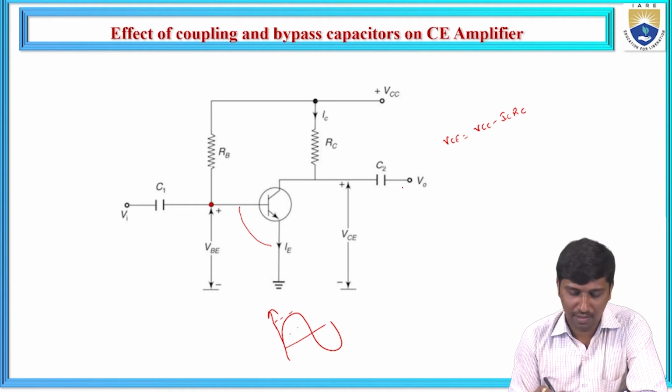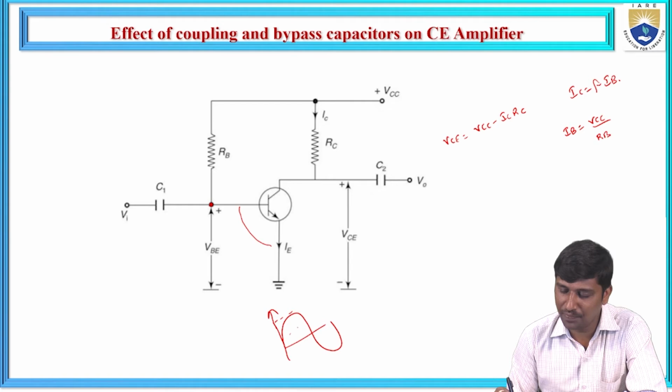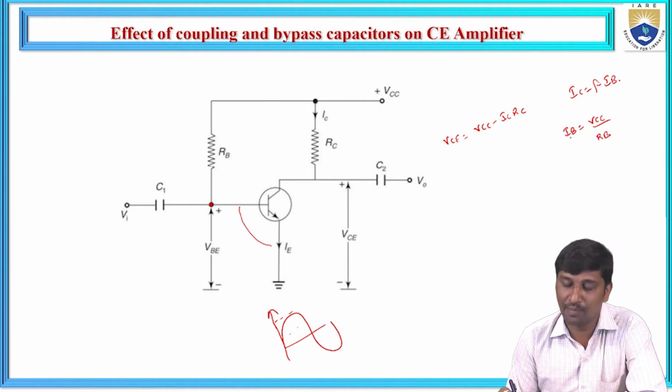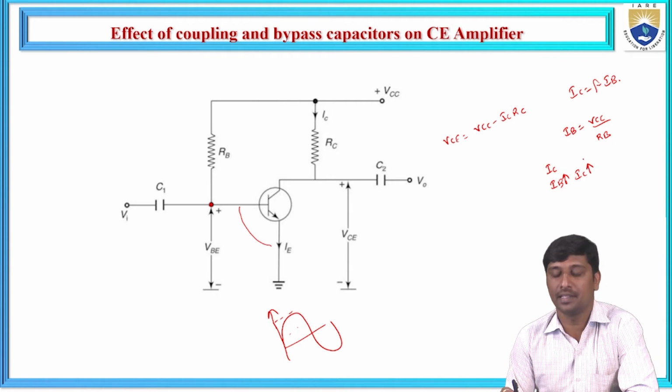Now we know that IC is equal to beta times IB, and IB is equal to VCC by RB. So under this condition, IB is maximum when IC is also maximum. If IB increases, the collector current also increases.